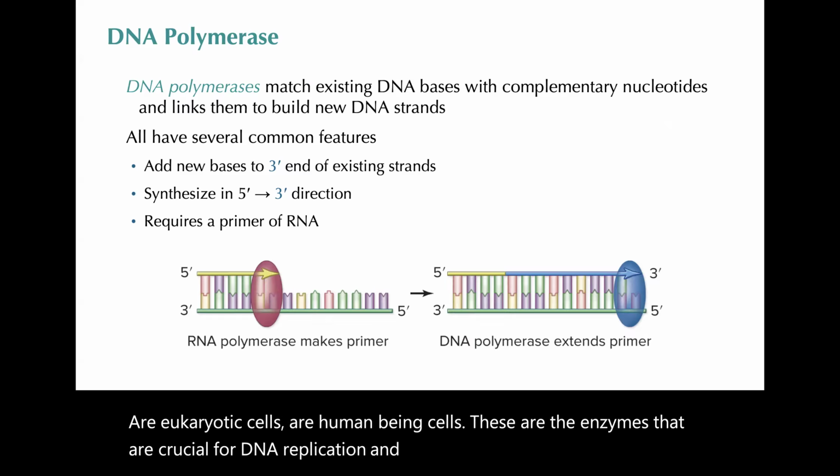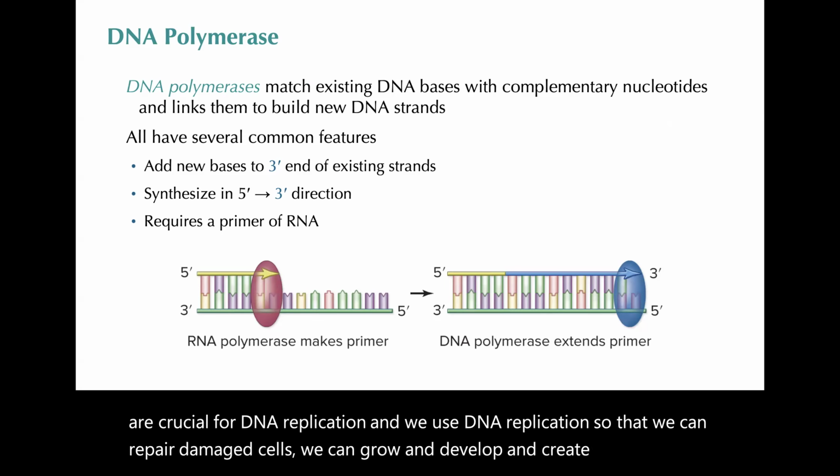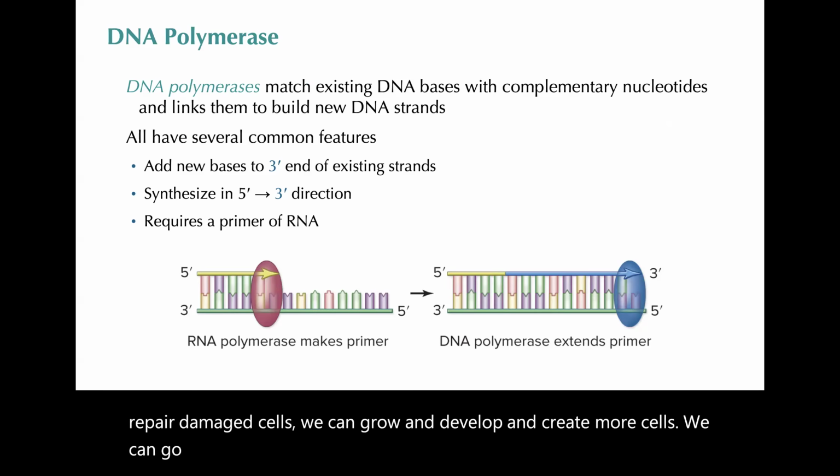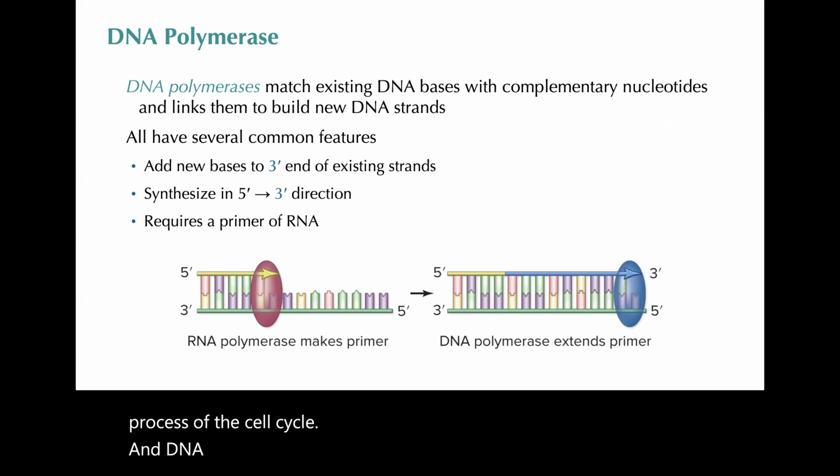And we use DNA replication so that we can repair damaged cells. We can grow and develop and create more cells. We can go through mitosis. In class today, we reviewed the whole process of the cell cycle. And DNA is replicated in interphase, specifically the S phase of interphase.